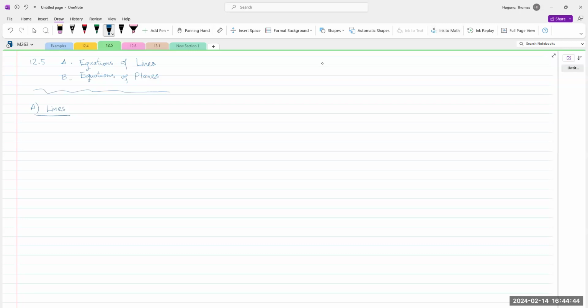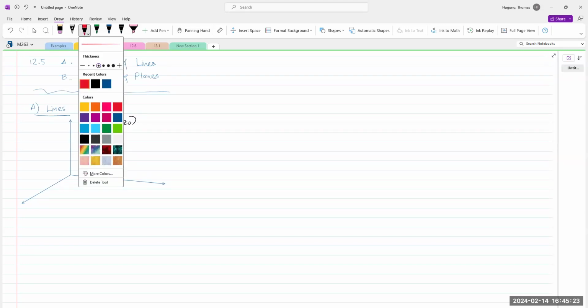Suppose in three-dimensional coordinate space, we have a line going through a point, call that point P naught, which is (x naught, y naught, z naught).